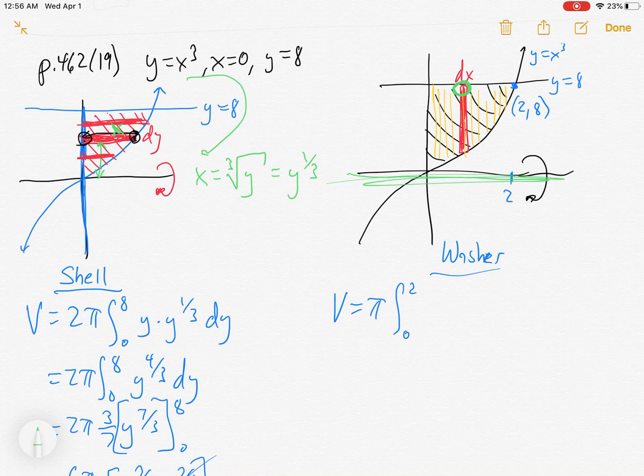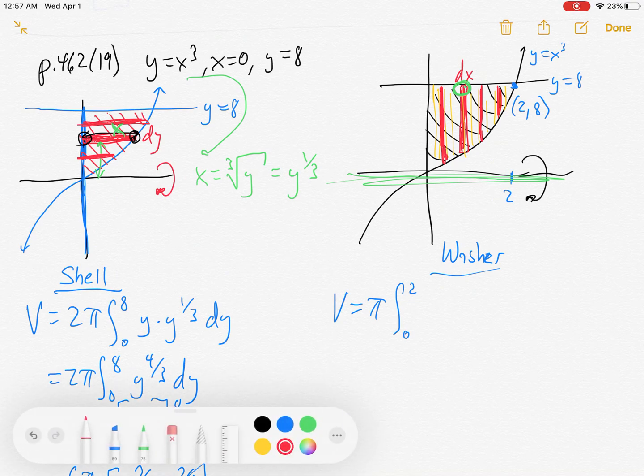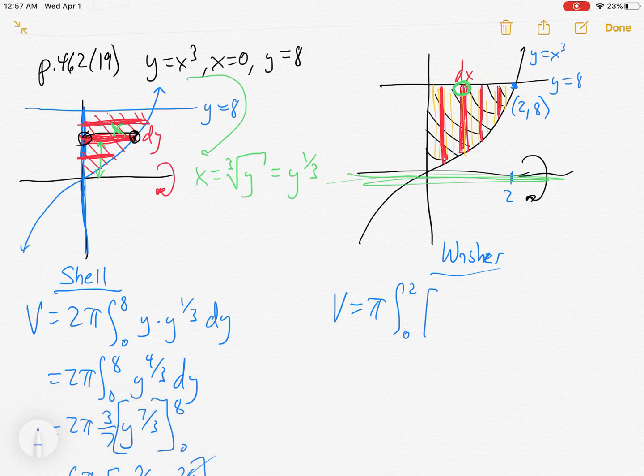If you were to fall here, you would fall from y equals 8 to 0. That'd be 8. If you were changing the representative rectangle to be here, the top of the rectangle is also at 8. Here, it's at 8. Here, it's at 8. No matter which one you pick, it's at 8. So the outer radius is simply 8.